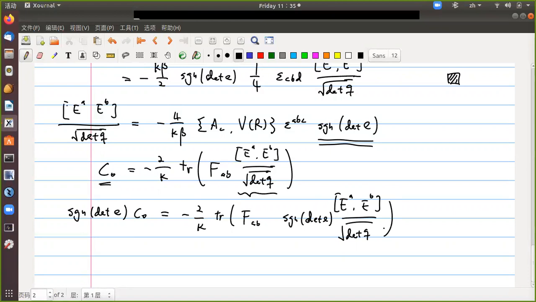So what we are actually quantizing is not naively the Hamiltonian constraint, but instead we multiply a sign factor in front, and this is the quantity we are quantizing. Okay, so this is what we actually quantize.